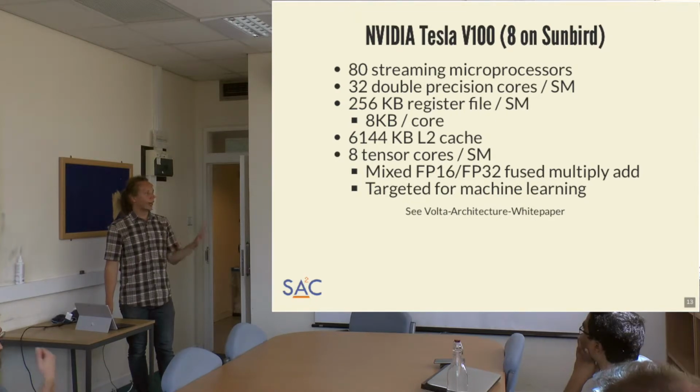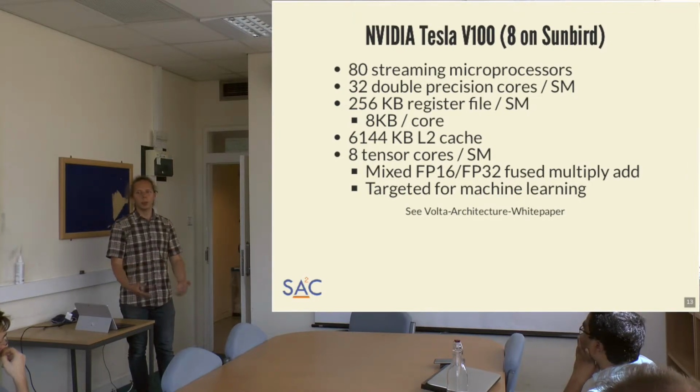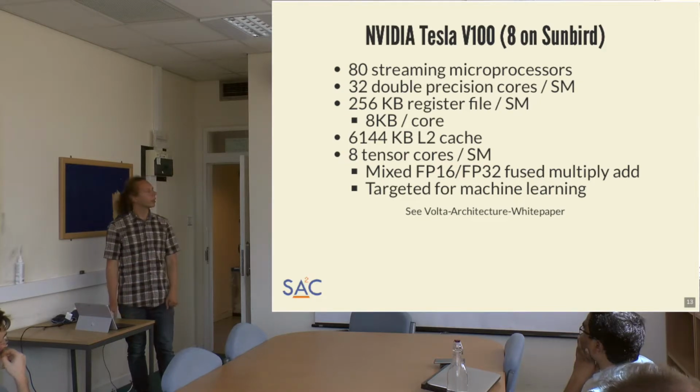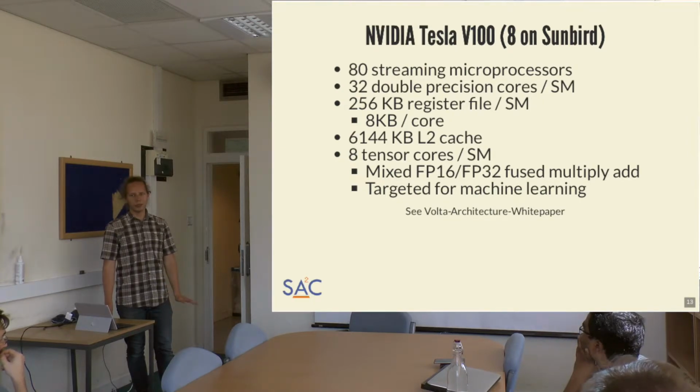You have a level 2 cache, which will reduce the problems of cache space. And then you have 8 tensor cores, which are important if you're doing machine learning.